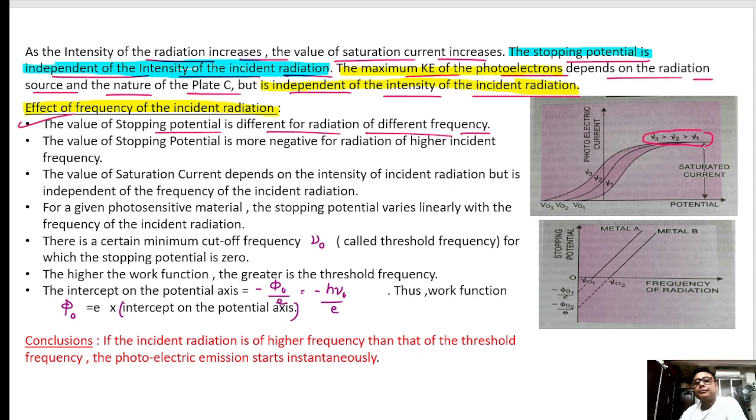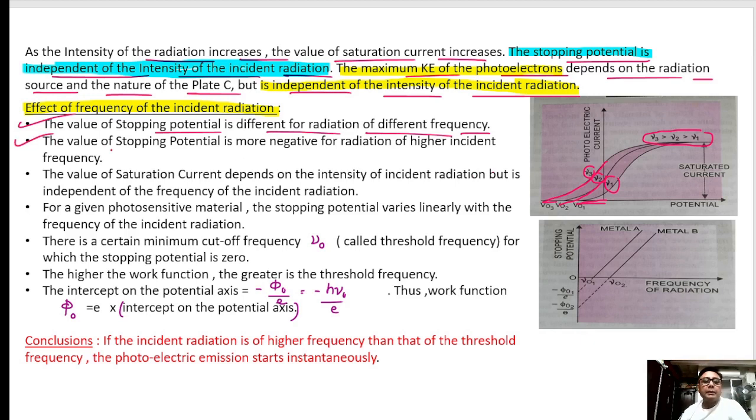As you can see, this is the lowest frequency, the stopping potential is up to this much. Then this is the higher frequency, the stopping potential is up to this much. Then this is the highest frequency, the stopping potential is up to this much. So the stopping potential will be more if the frequency of the radiation is more.